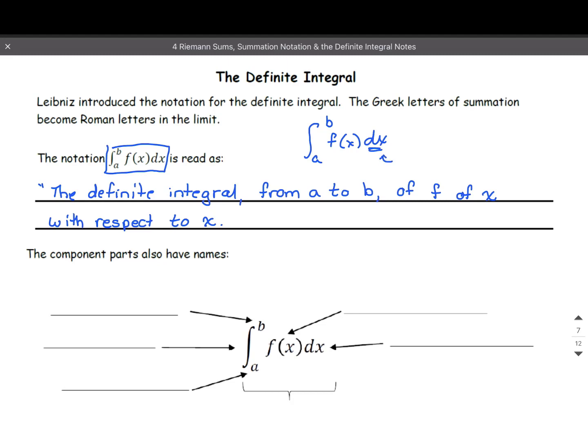That dx is the change in x. That's our old delta x, okay? So let's look at this again. So we have here, this is our integral sign. Then we have our upper limit of integration, and we have our lower limit of integration. We have the integrand. The f of x is the integrand. What are you taking the integral of?